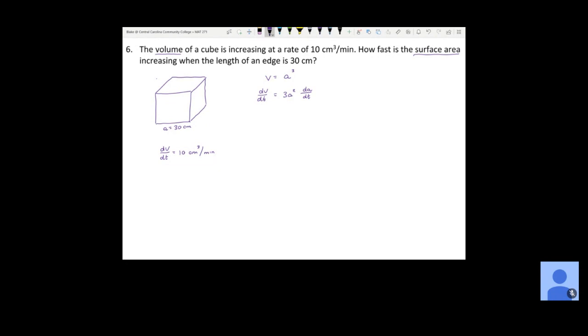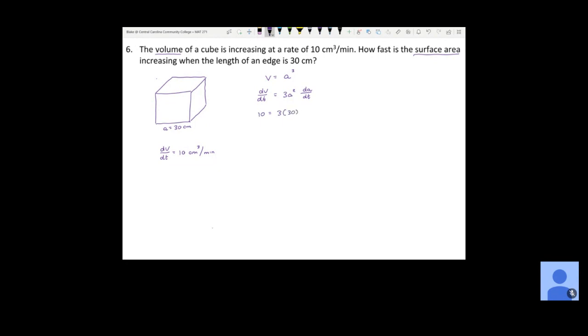Right, let's think about what we know. So what information can we substitute into that formula now? Yeah, we know the a value and we know the dV/dt value. So let's go ahead and plug those in. dV/dt is 10. We have 3 times a squared.